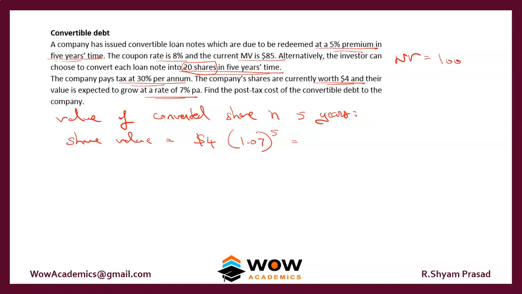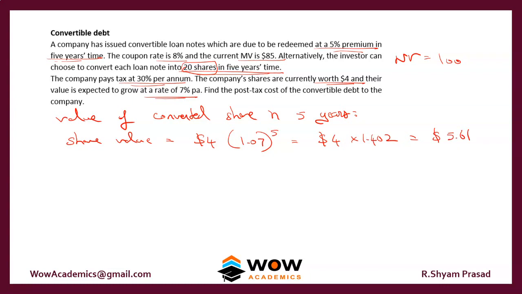For 5 years. So first we get 1.07 to the power 5, which is 1.402. So the share value in 5 years will be 5.61.